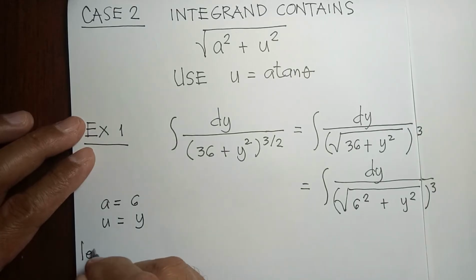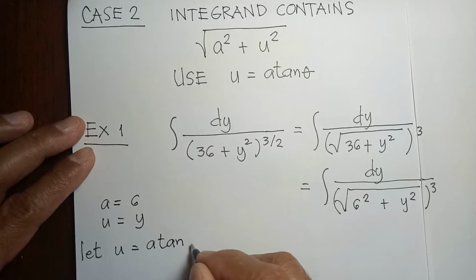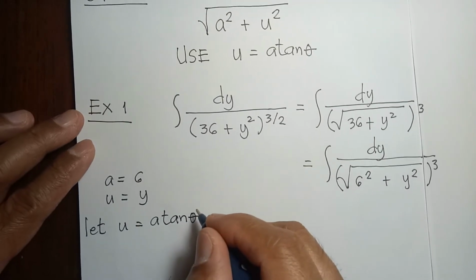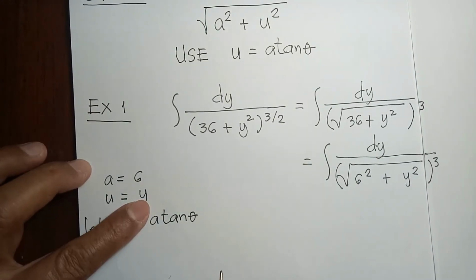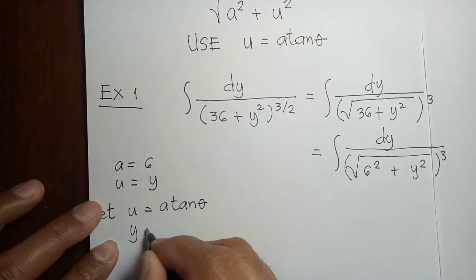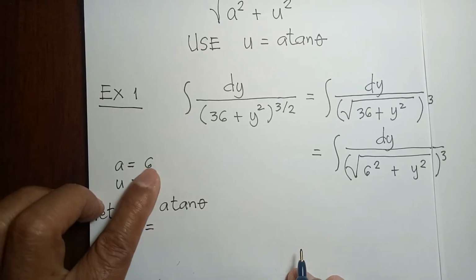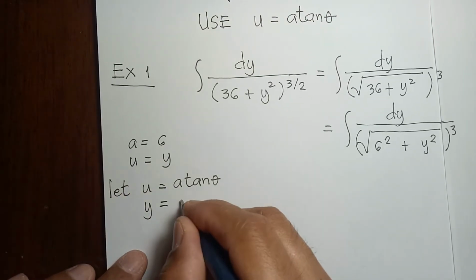So, gagamitin na natin yung substitution na u equals a tangent theta. So, let u equals a tangent of theta. So, yung u natin ay yung y. Kaya yung u na yun, papalitan natin ng y. So, y equals. So, yung a naman natin equals sa 6. Kaya papalitan siya ng 6.